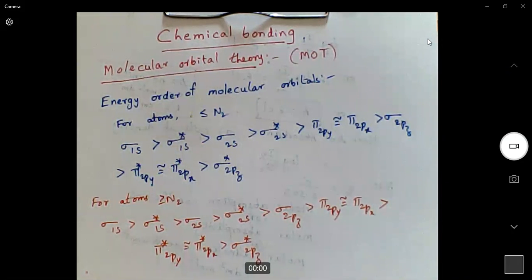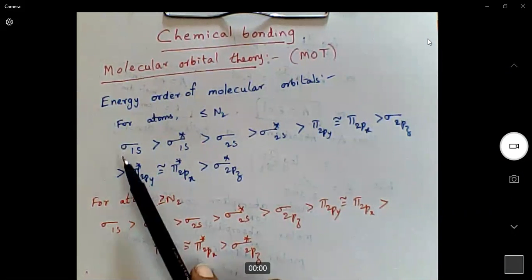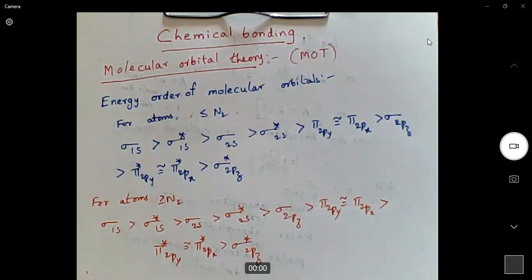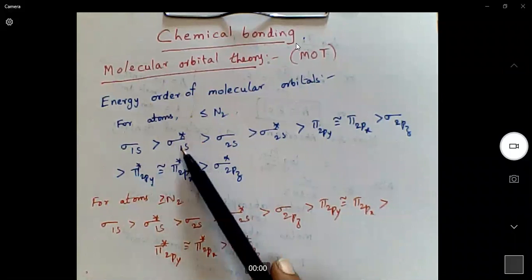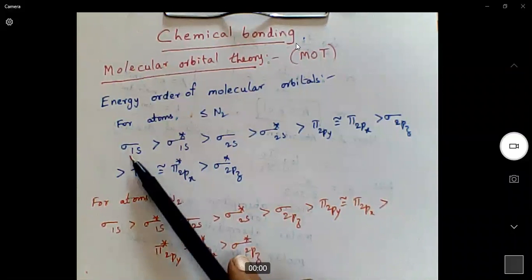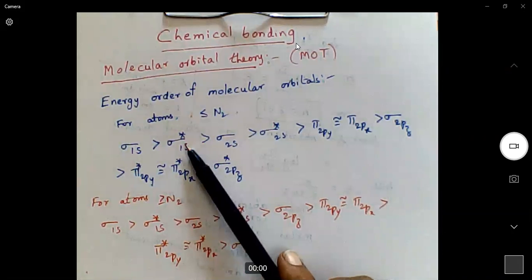Generally, in each and every orbital, we can accommodate 2 electrons. That means when we have 2 electrons, we will accommodate them in sigma 1s. If we have 3 electrons, 2 electrons will be accommodated here, 1 electron will be accommodated here. If we have 4 electrons, 2 electrons here, 2 electrons here.